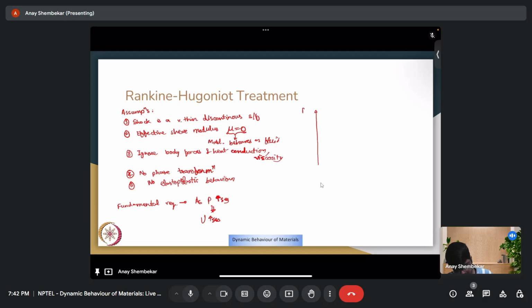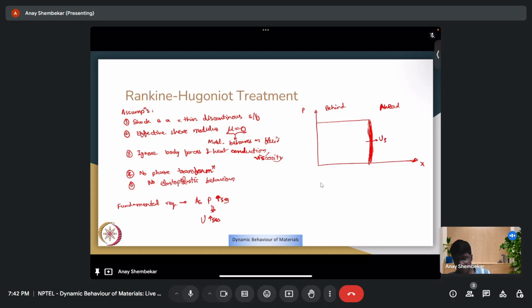This is pressure. This is X. This is the shock front. We'll call this region behind the shock front and we'll call this ahead of the shock front. The shock front will move with some velocity Us.